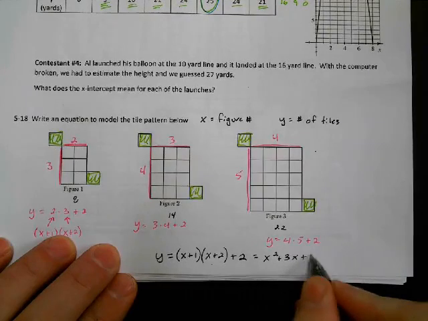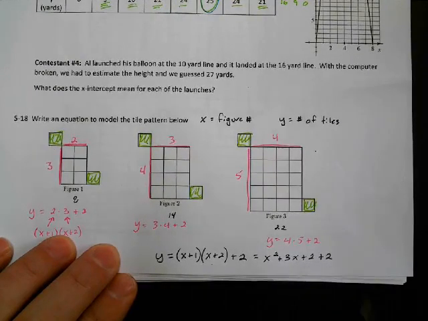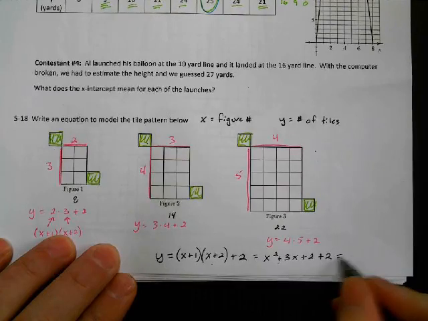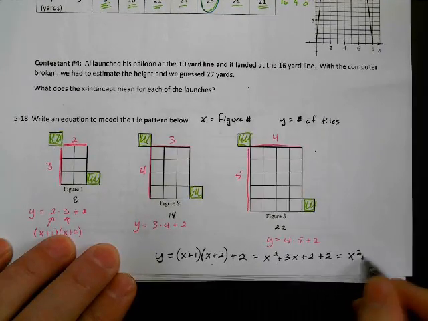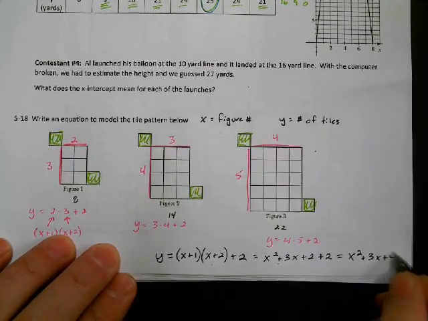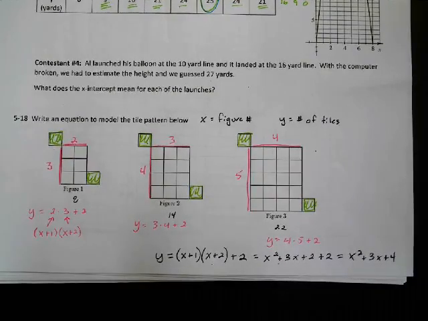And then we could combine these last two like terms, and we get an equation of x squared plus 3x plus 4. And if I plug in figure 1, we get 1 plus 3 plus 4. Yep, that's 8. If I plug in 2, I get 4 plus 6 plus 4. Yep, that's 14. If I plug in 3, I get 9 plus 9, 18, 19, 20, 21, 22. I get 22. So that is my equation for that.